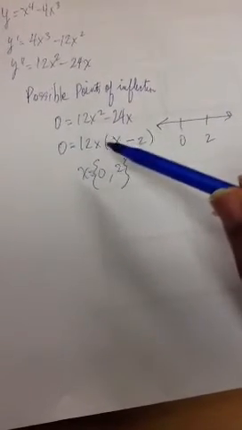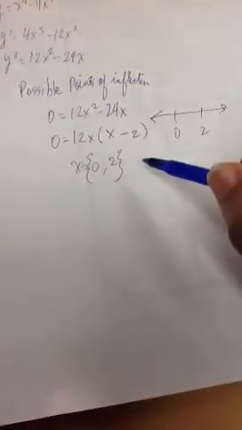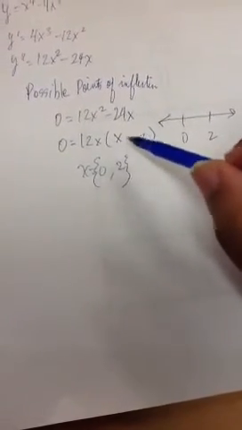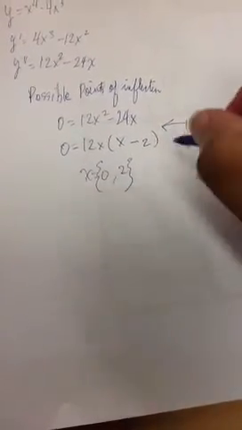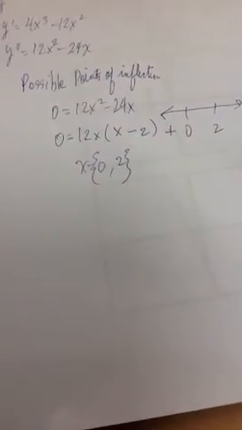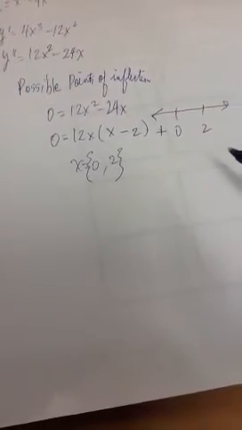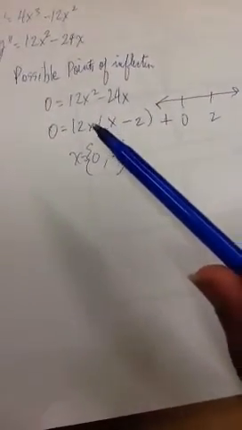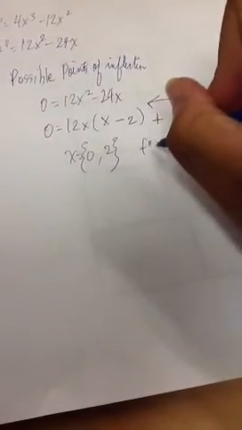If I plug in -1 here, that's going to be a -12 multiplied by a -3. That's a negative times a negative, which ends up being a positive. We're not looking at the exact numbers, we just want to know if it's negative or positive. So plugging in -1 shows that the second derivative will be positive.